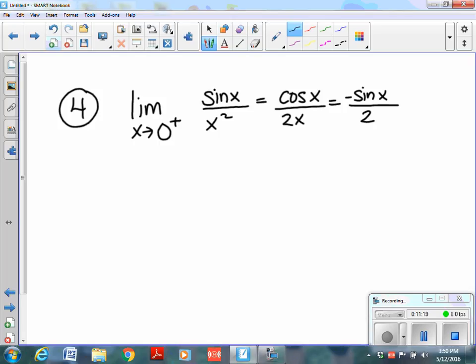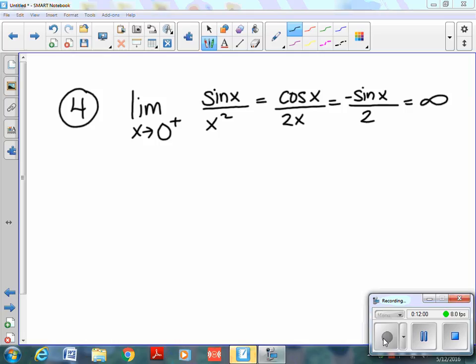And as x is approaching 0 from the right, it is getting closer and closer and closer to infinity.